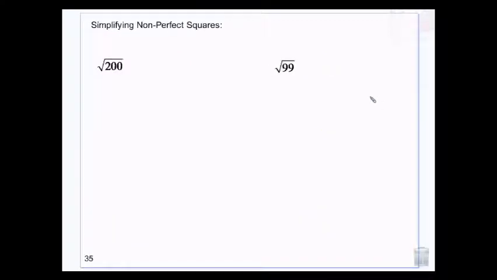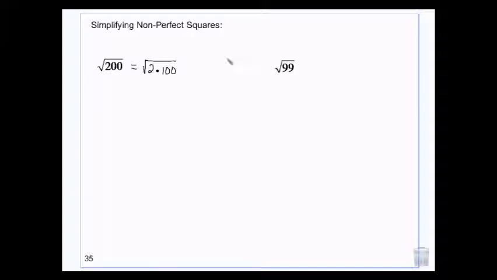Now, there are 2 ways to simplify non-perfect squares. The first way is to recognize the perfect square inside and say, oh, well, 200 is 2 times 100, and 100 is a perfect square.